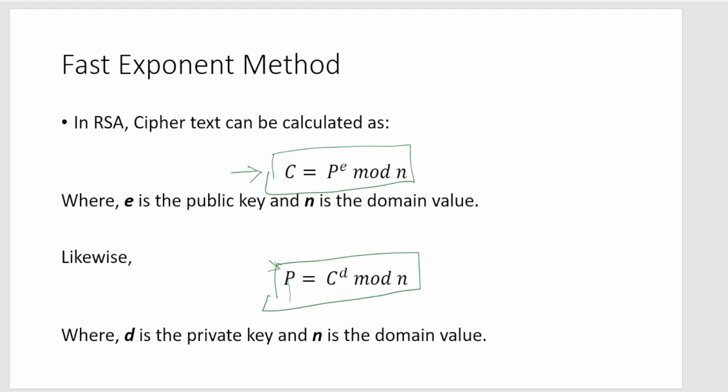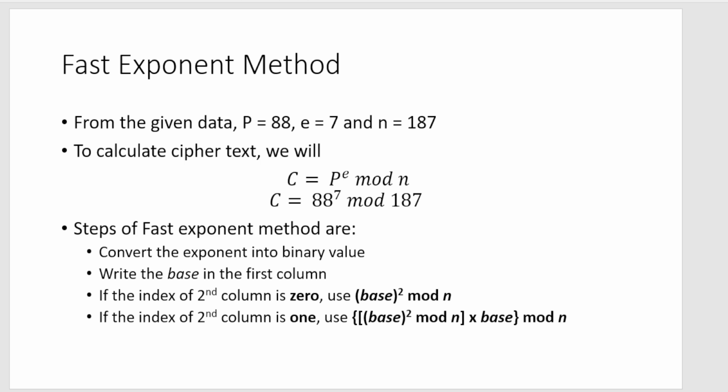Okay. Now coming to the fast exponent method, we are given data saying that the P value we have chosen is 88, we have E as 7, and we have N as 187.